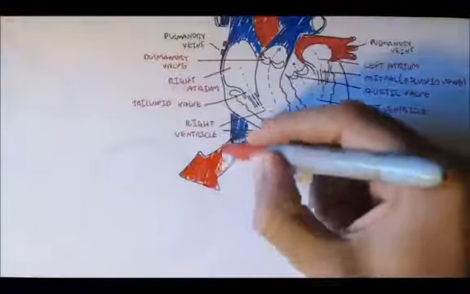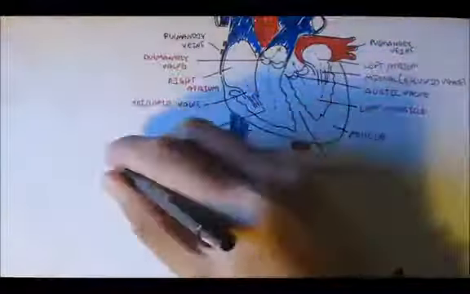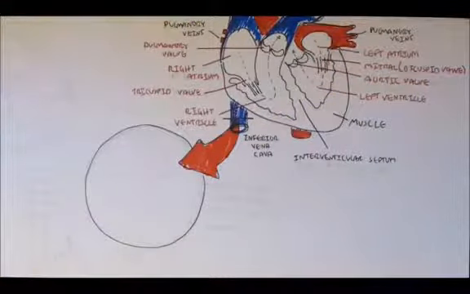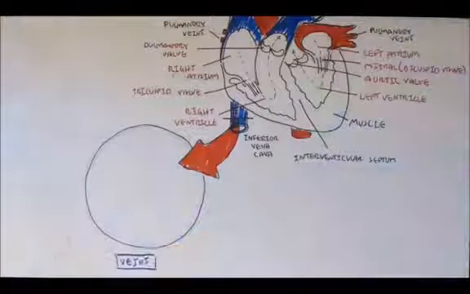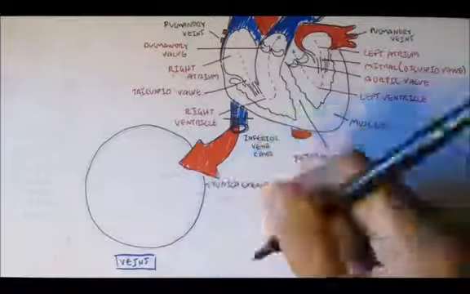The veins, on the other hand, are not elastic and not as muscly. From the outside, they also have a tunica externa, which is composed of collagen fibers; it can be a thick layer of collagen fibers.